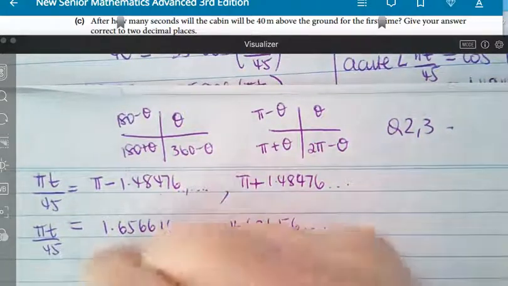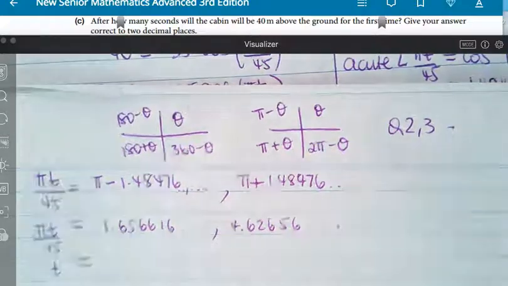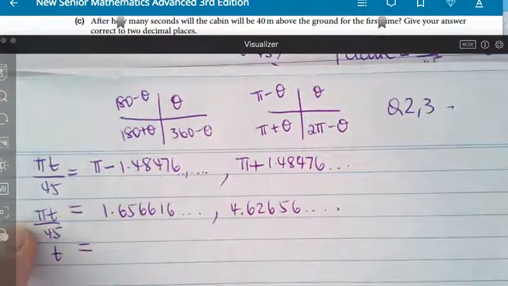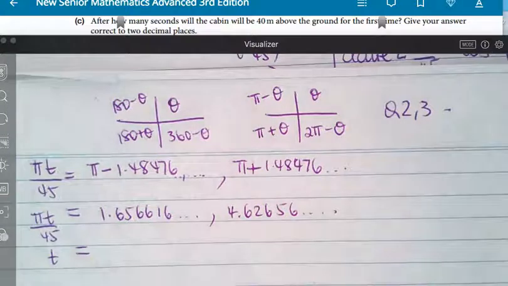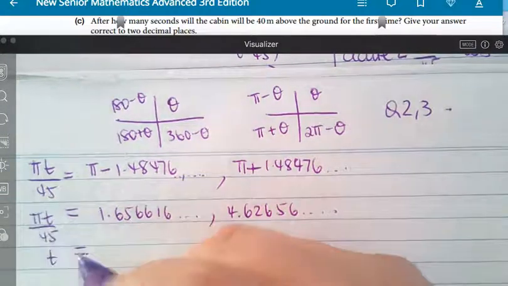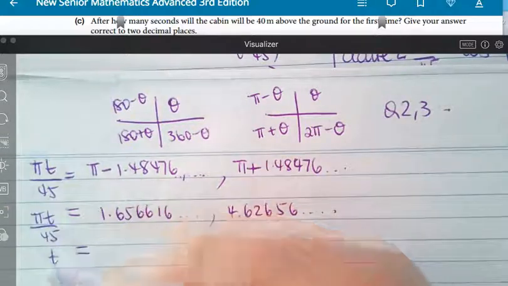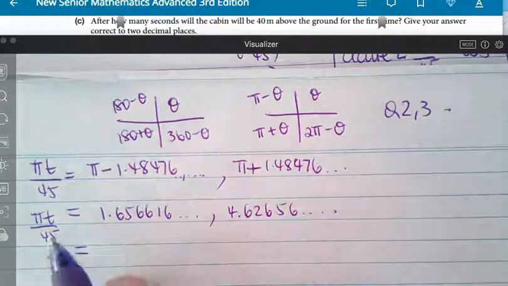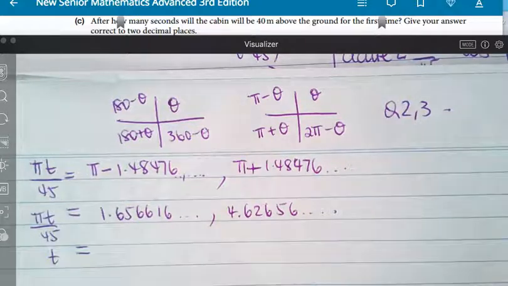Now, I need to get t on its own. If that was 2t, wouldn't you divide by 2? So you would divide by pi on 45, or times by, don't you put the 45 up there and the pi down?